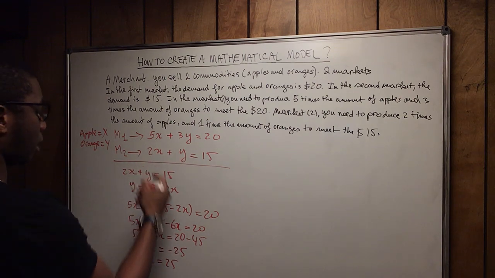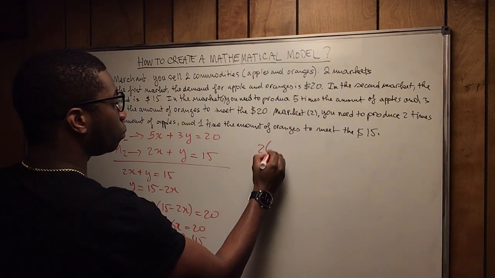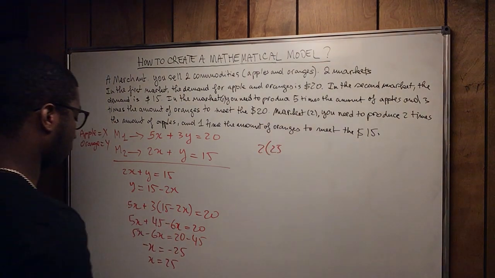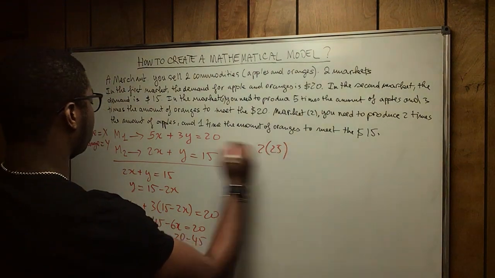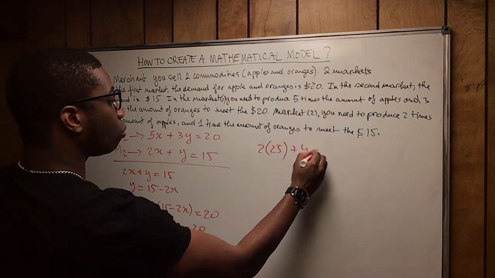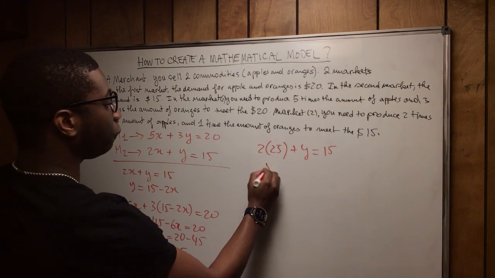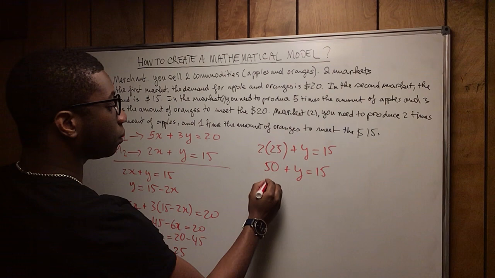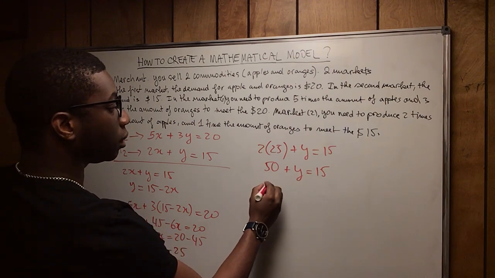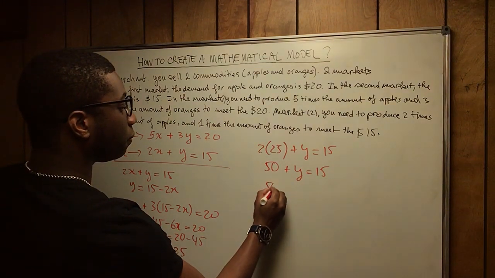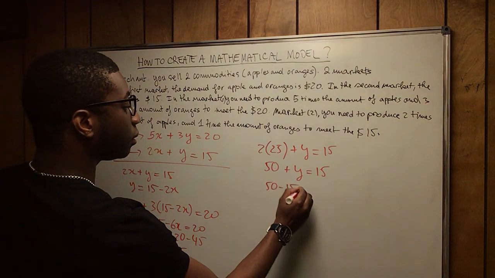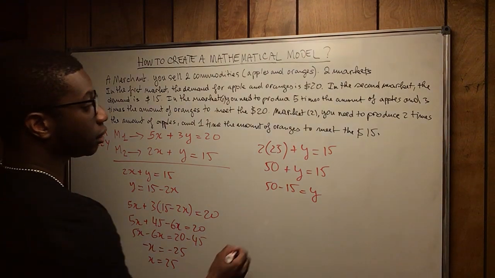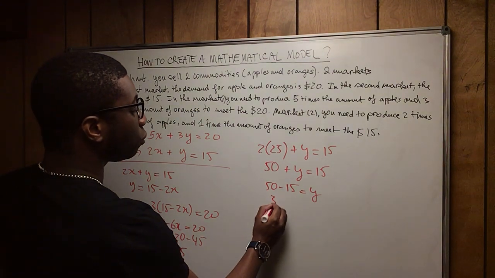Then you put that into the second equation. You know that 2 times 25 plus y equals 15. So it's 50 plus y equals 15, so y is, I believe, 35.